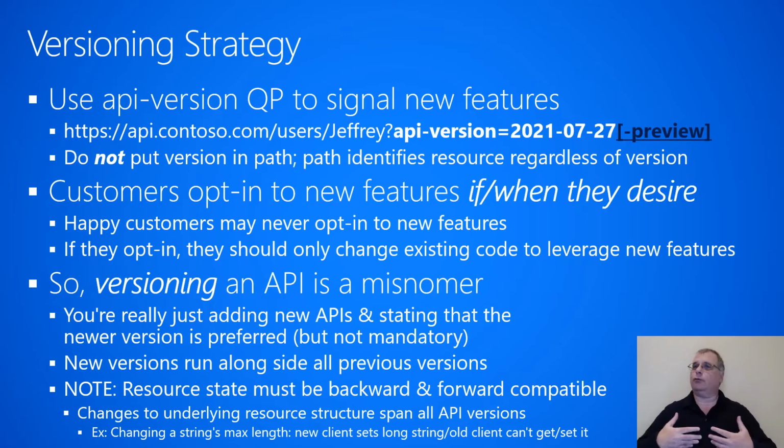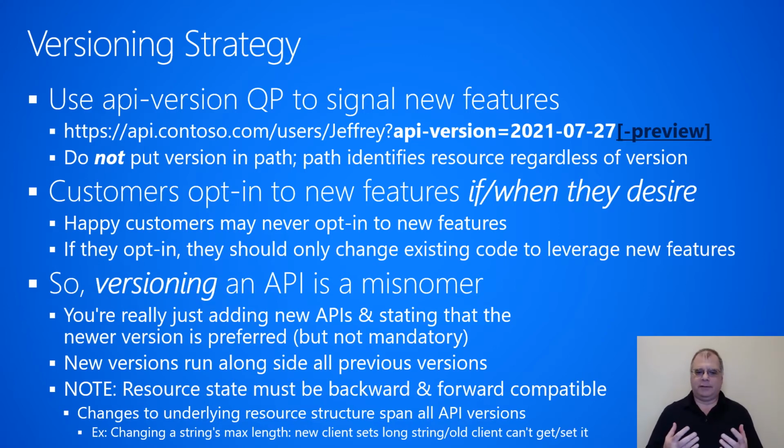In other words, the customer should be able to just accept the new version of the service and accept the new version of a client library that talks to that new version of the service. And we don't want to force any customer source code changes in order to adopt that. Now, if the customer wants to leverage some of the new features in the new version of the service, then of course it's okay for them to modify their code in order to leverage those new features.